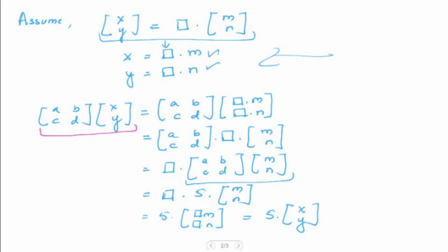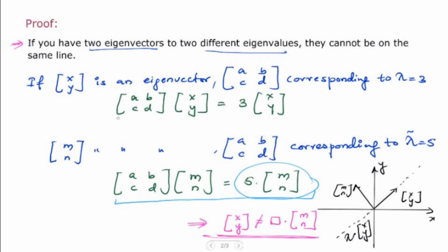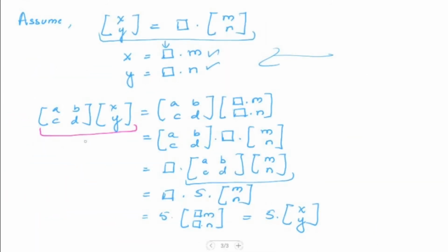Again, by the definition, it means that the matrix A, B, C, D times xy is actually equal to 3 times xy. So this here is actually equal to 3 times x comma y, and that is equal to, we are saying 5 times x comma y.